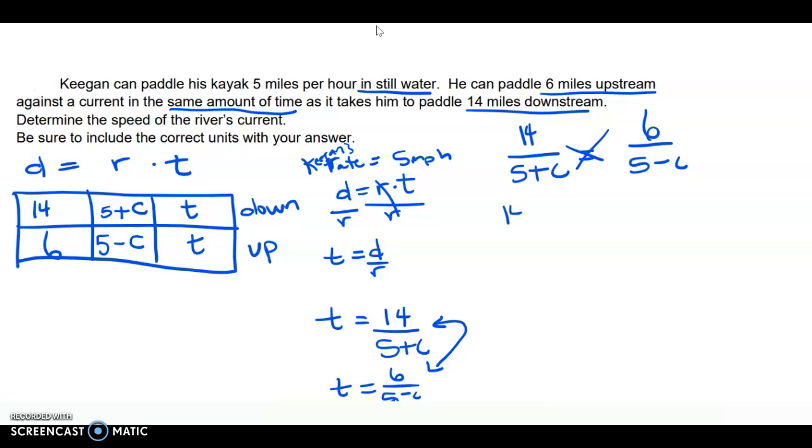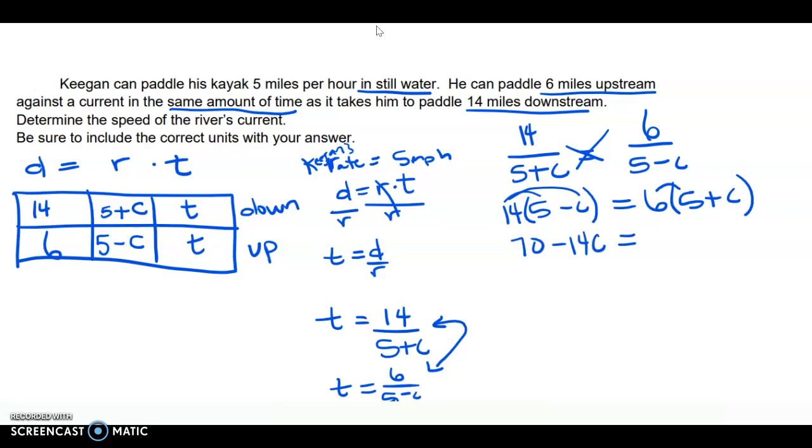We'll end up with 14 times 5 minus C, in parentheses so that the 14 is multiplied to both, equals 6 times 5 plus C, again in parentheses. We distribute: 14 times 5 is 70, so we get 70 minus 14C equals 30 plus 6C.